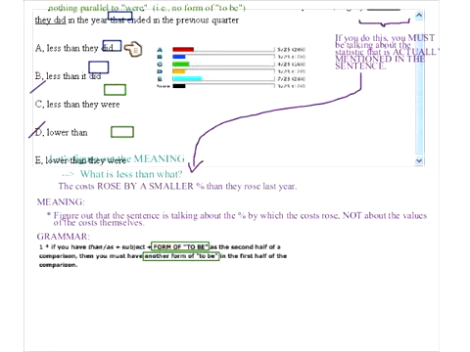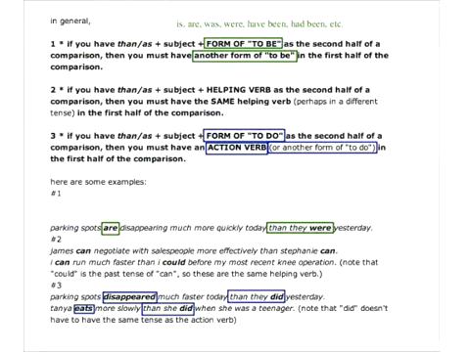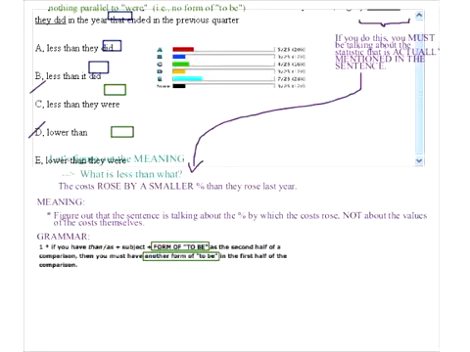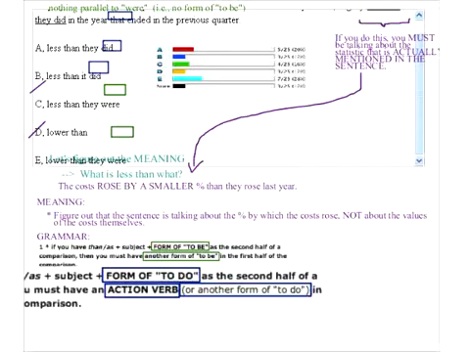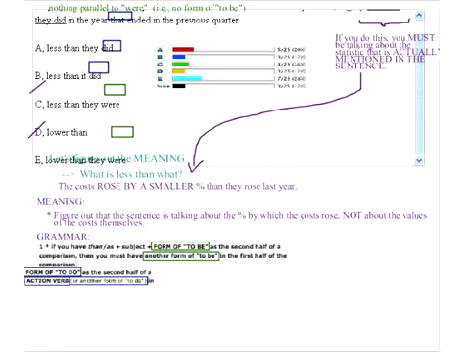So this comparison works. Did stands for rose. That's an action verb. So let's copy that over from this page, bring it over here, shrink it so that it fits, and then we're good.